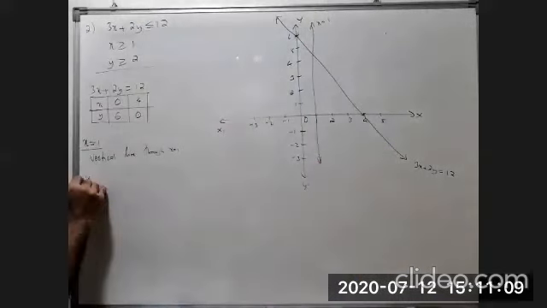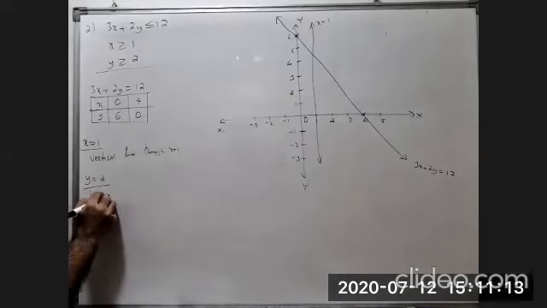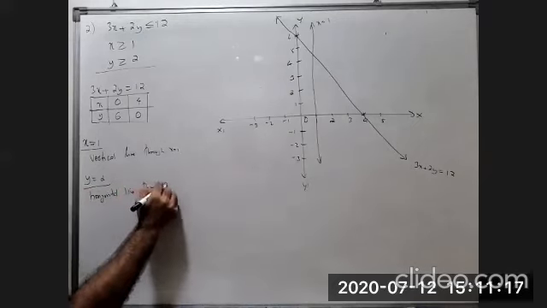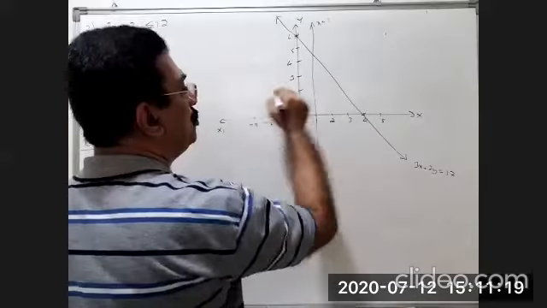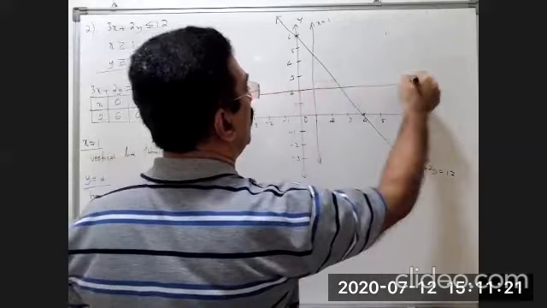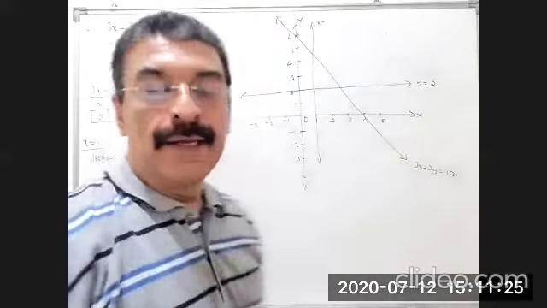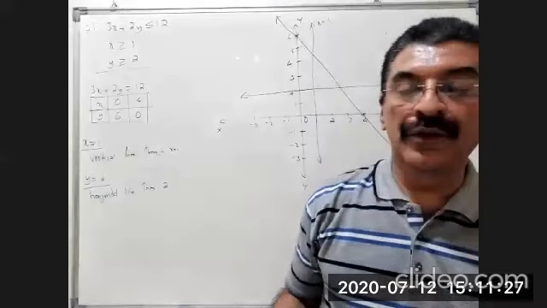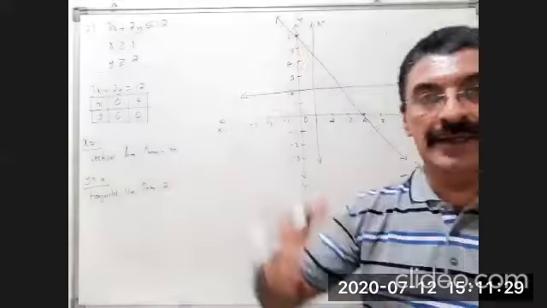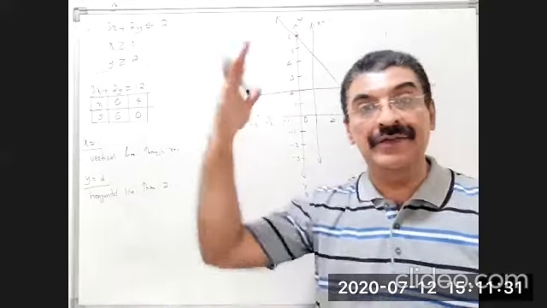Then y is equal to 2. That's a horizontal line through 2. This is y equal to 2. You learned this in class 10 also. If the equation is only in x, it is parallel to the y-axis, a vertical line.